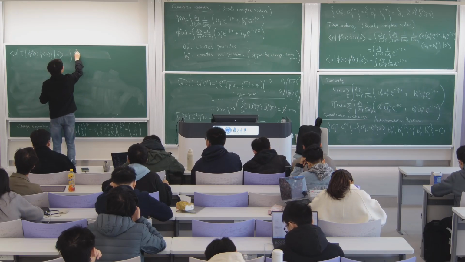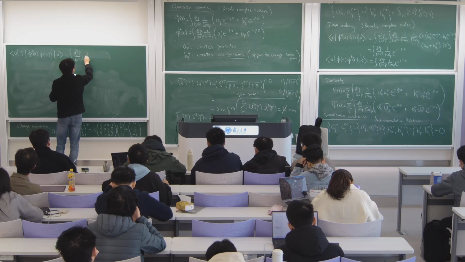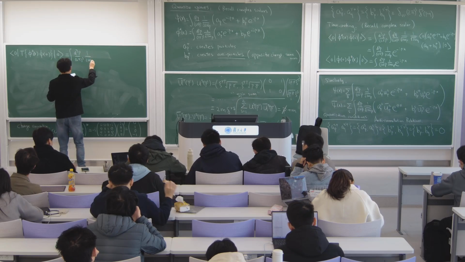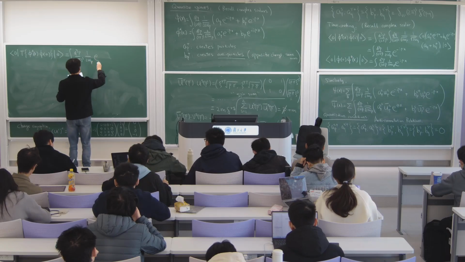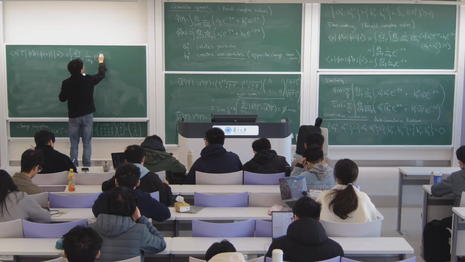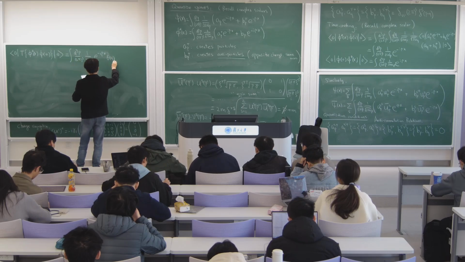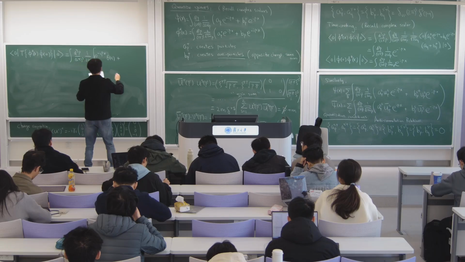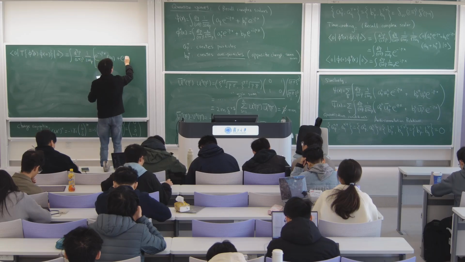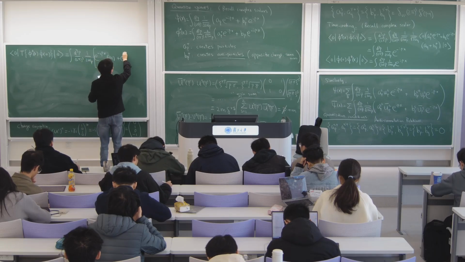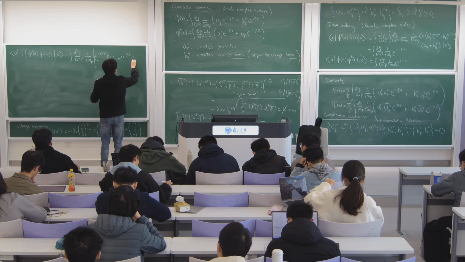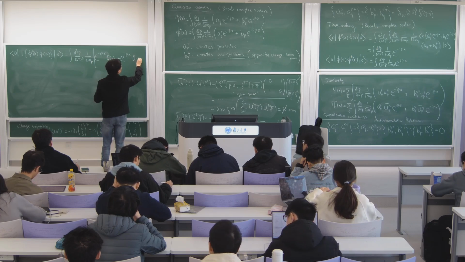What we get is e^{-ip·x} theta(t) plus e^{+ip·x} theta(-t).